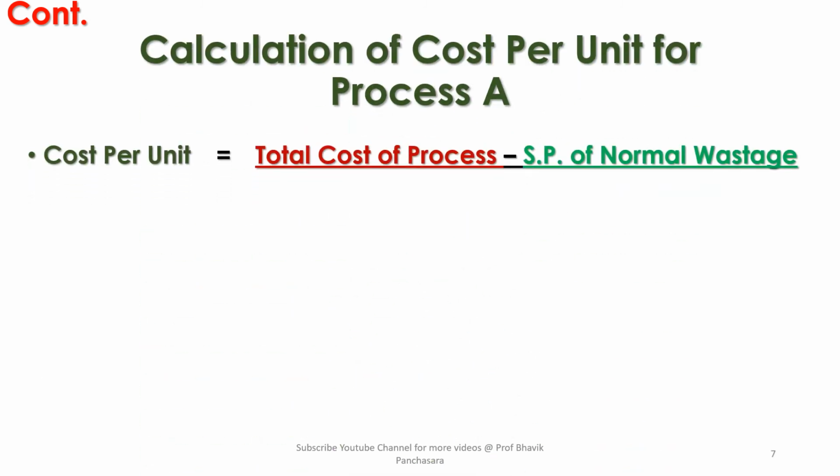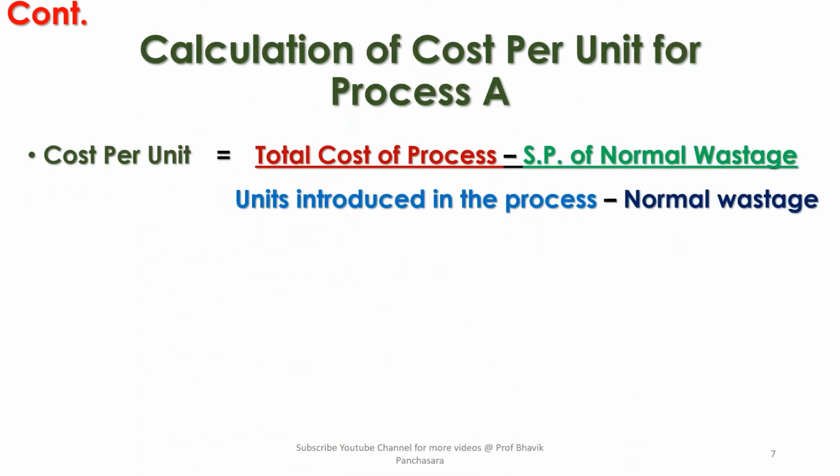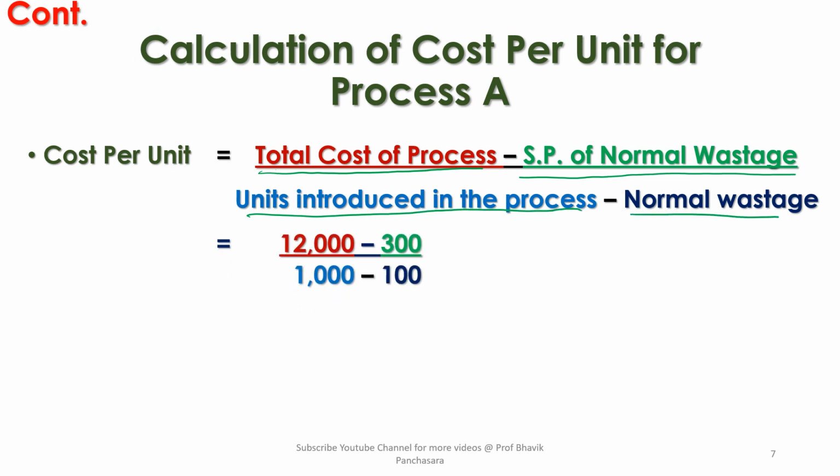For that purpose, we are required to calculate the cost per unit for first process. To calculate cost per unit, we will utilize this formula. As per this formula, total cost of process minus selling price of normal wastage, divide by units introduced in the process minus normal wastage. Let us put the value in this formula.